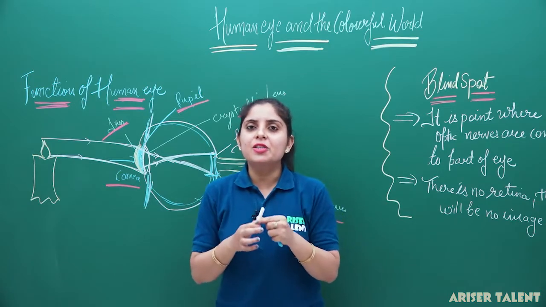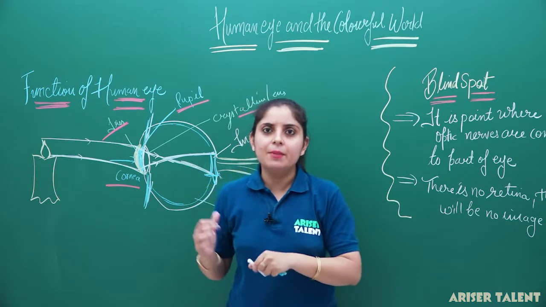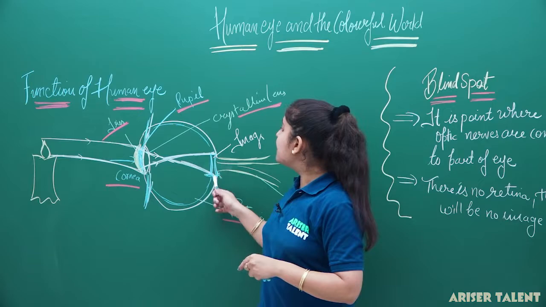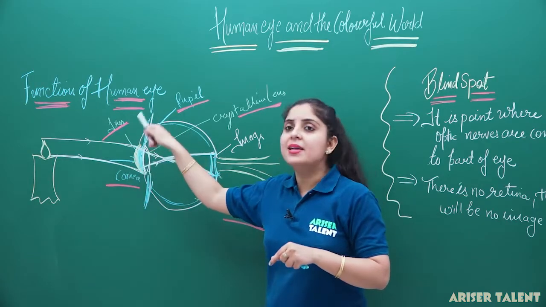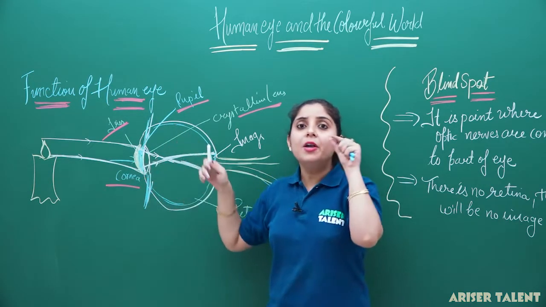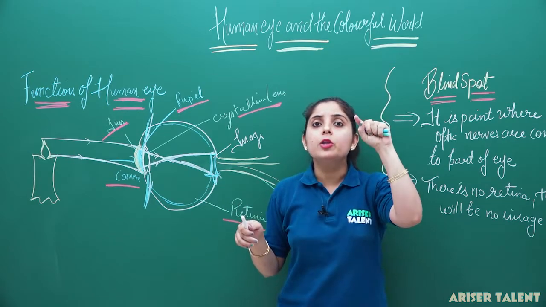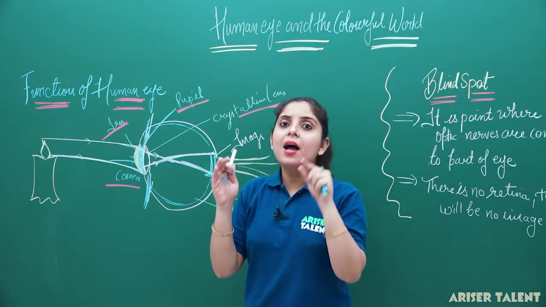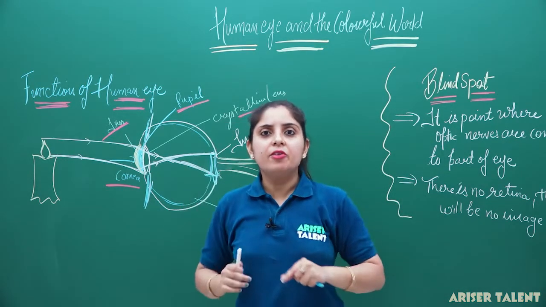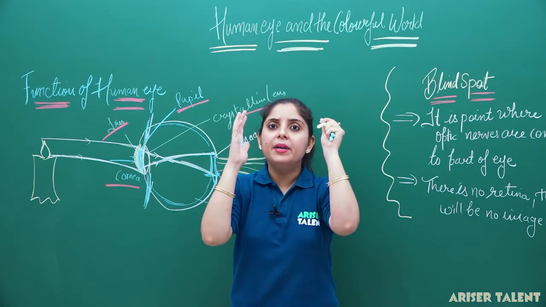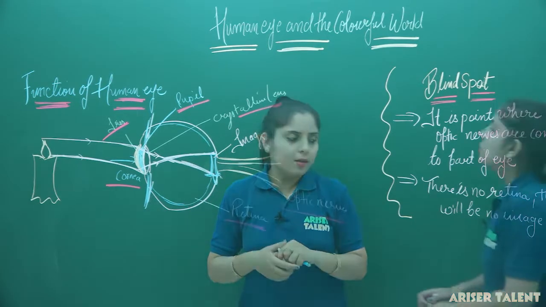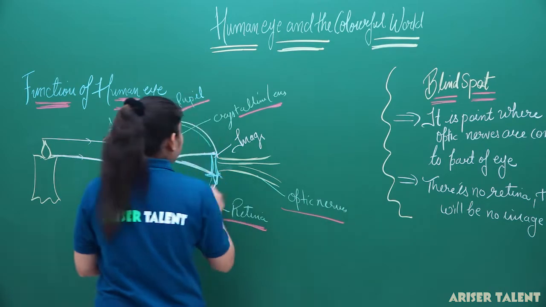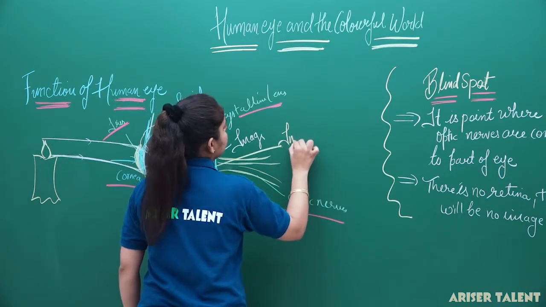This is not actually the inverted image we see. This is the image that the lens is forming. So, we are not looking through our eyes, we are actually looking through our brain, because the eye sends electrical signals to the brain and the brain identifies that image. So, you can see that here we are getting the inverted image.